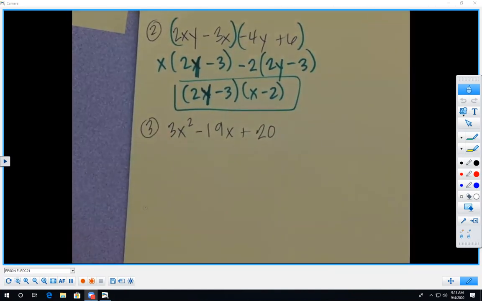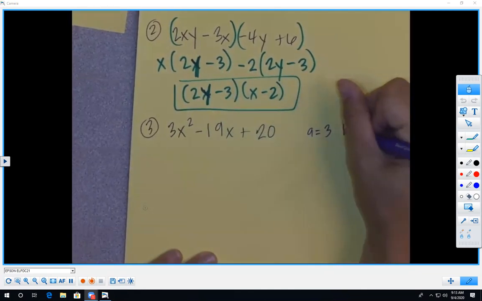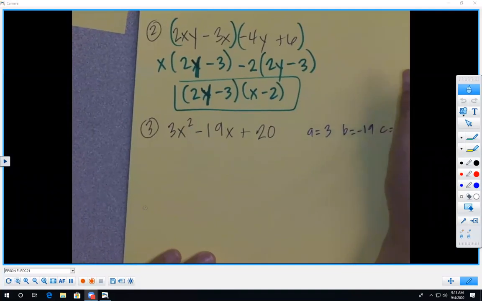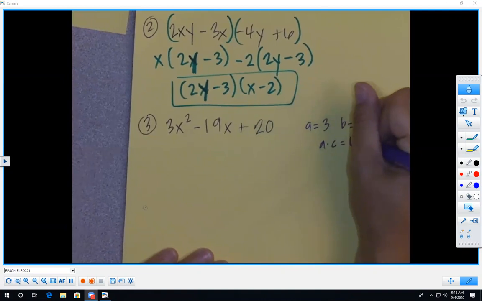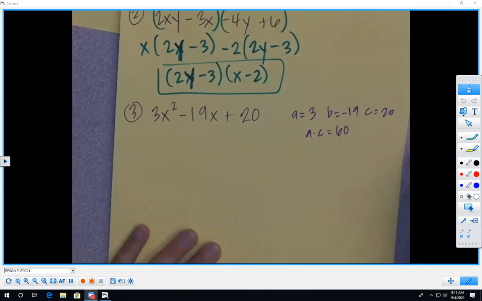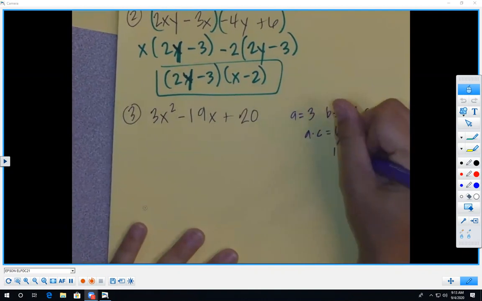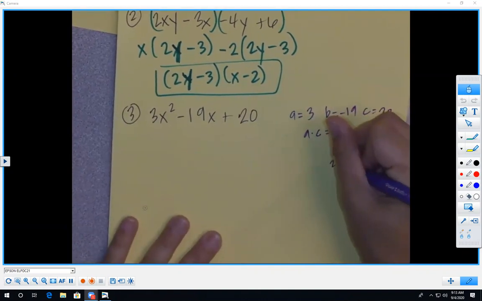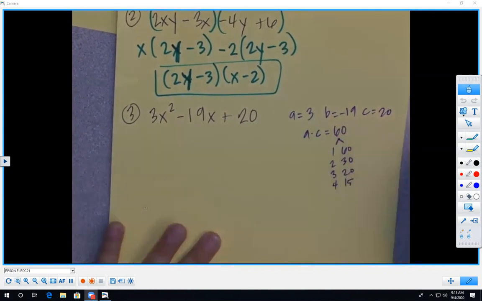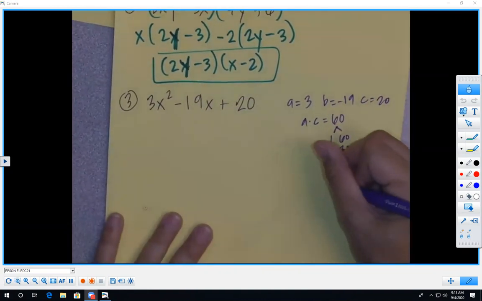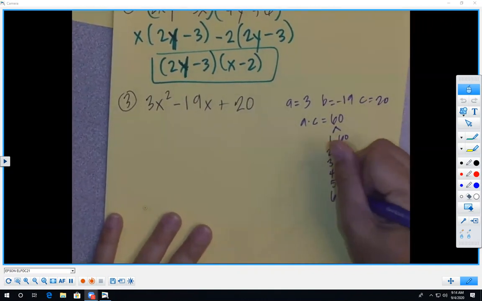Okay, so for that one, you're finding what A, B, and C are. My A value is 3, B is negative 19, C is 20. A times C is 3 times 20, which is 60. Factors of 60 are 1 and 60, 2 and 30, 3 and 20, 4 and 15, 5 and 12, 6 and 10.